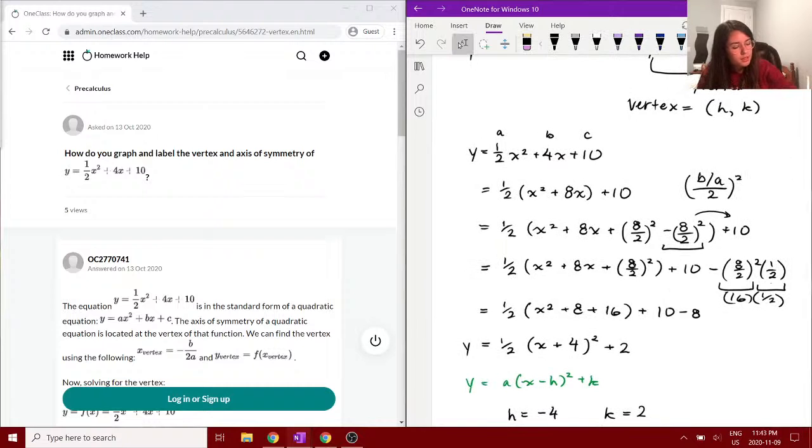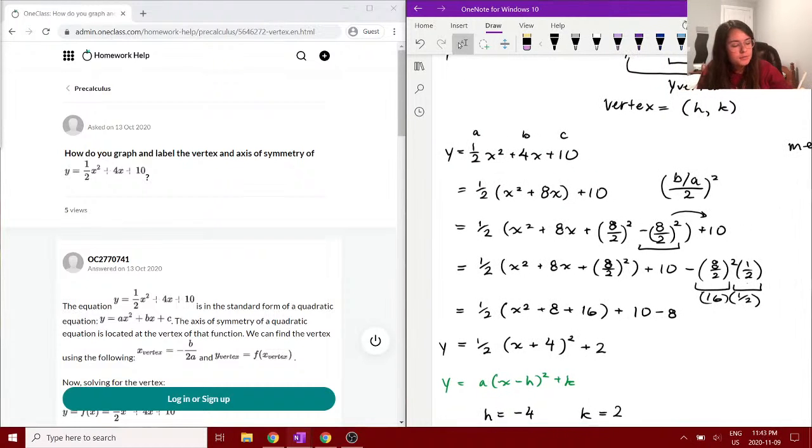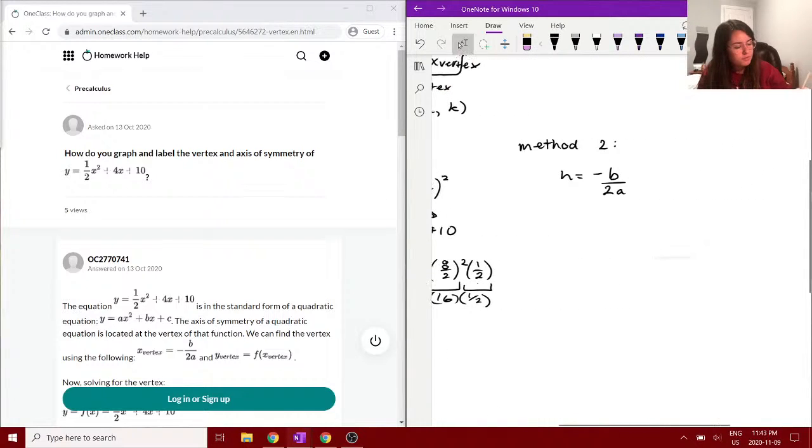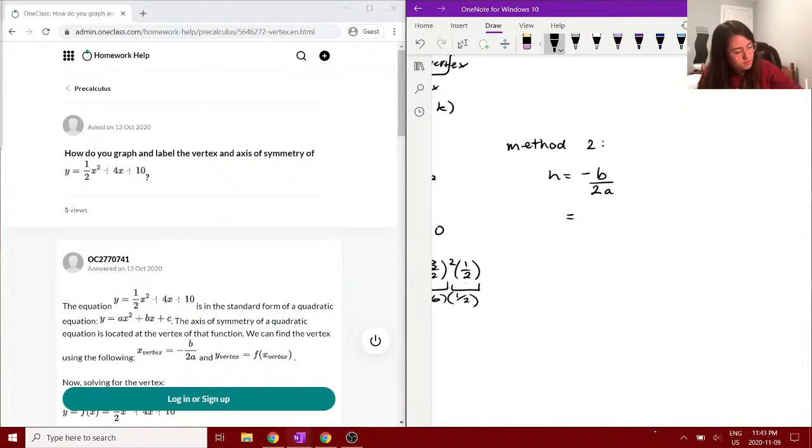So if you look at our equation here, b is 4 and a is 1/2. So minus 4 over 2 times 1/2. So that's minus 4 since these 2's cancel out.